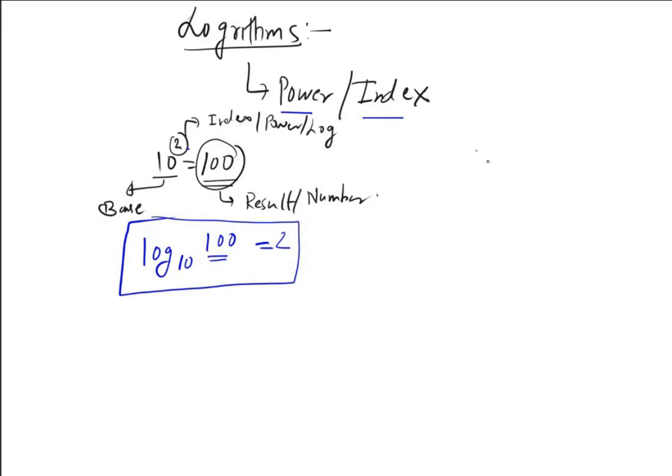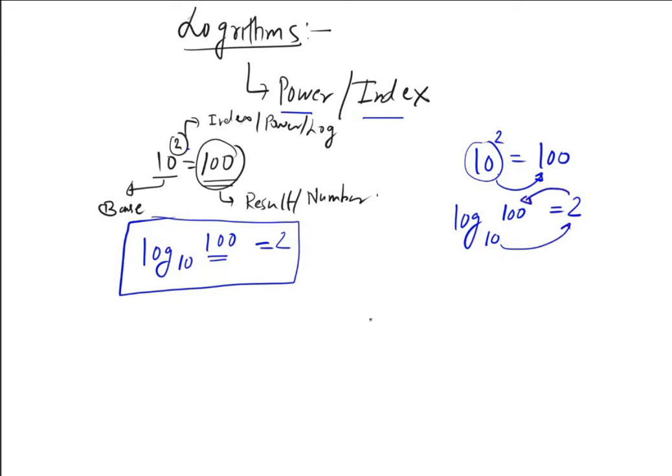So if we have to reiterate it again, if I have this index notation, the log notation will be: what power shall I put this base to, to get this result? What power should I raise the base to, to get 100? So the answer is 2. You raise 10 to the power of 2 to get 100.